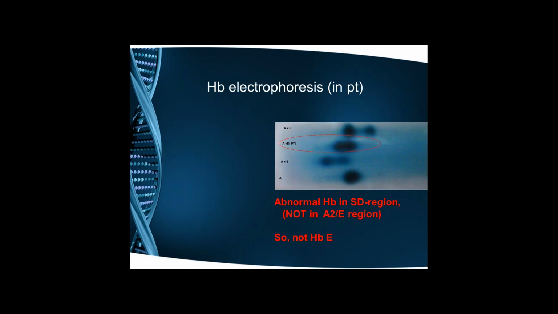I'm sorry for the quality of this slide. The picture is not very good quality. But if we do a proper electrophoresis, there is a good separation, and we can find a band in the region of sickle, the SDG region. So with the help of these two tests, we can say that yes, this is HbD.